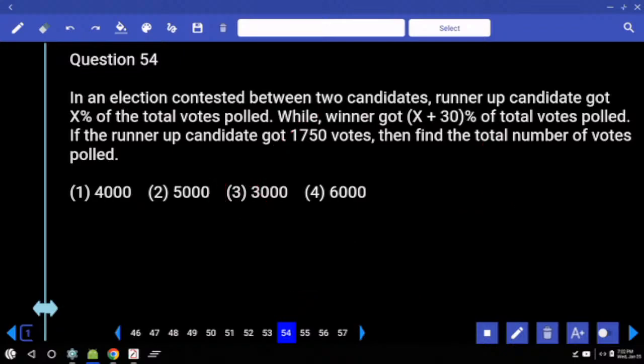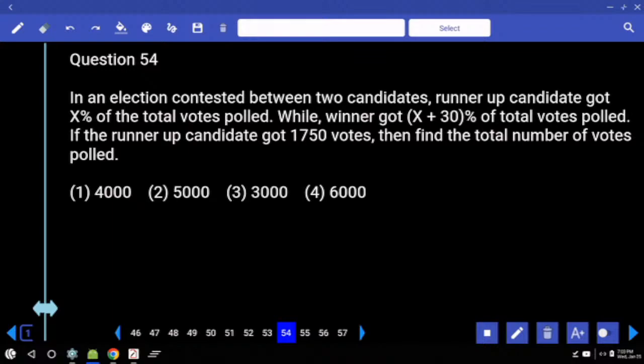Right, in an election contested between two candidates, runner-up candidate got X% of total votes polled, while the winner got X plus 30% of total votes polled. If the runner-up got 1750 votes, find the total number of votes. Now tell me one thing, how many candidates are there here? Two candidates. And if you sum up the votes they got, that is nothing but total number of votes. Yes or no?